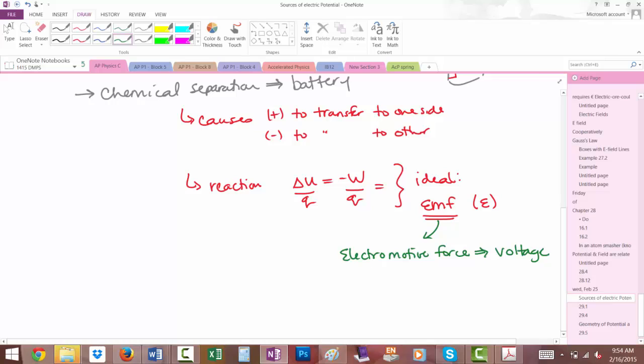One more little thing. Well, I guess 2 little things. I kind of implied this, but I just want to make sure it makes sense. So the terminal voltage, what do you think that means? Maximum possible voltage, where all the potential is on one side. Between the terminals. Maximum voltage.